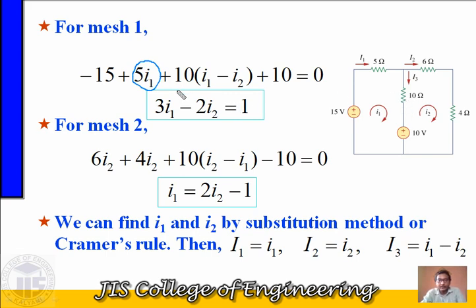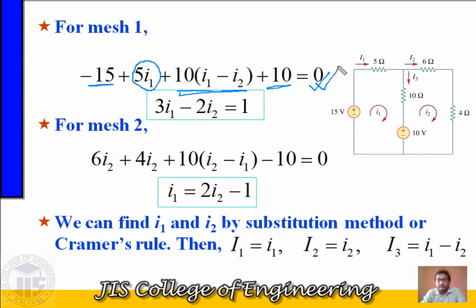Then I1 enters the positive terminal of the source, plus 10. Then I1 goes to the negative terminal of the 15 volt source, that's why minus 15. Then we come back to our starting position, no more elements are there, so it equals 0.